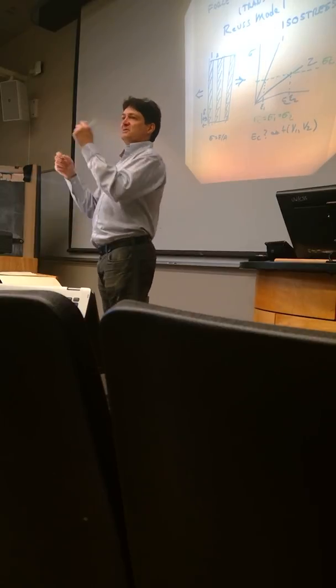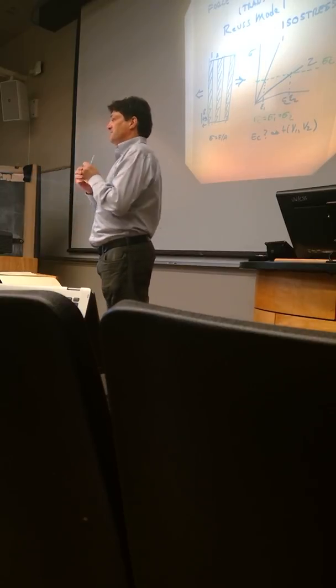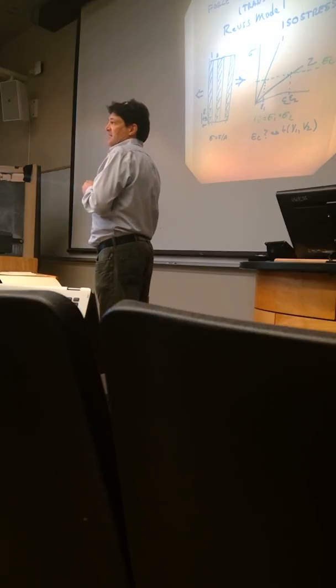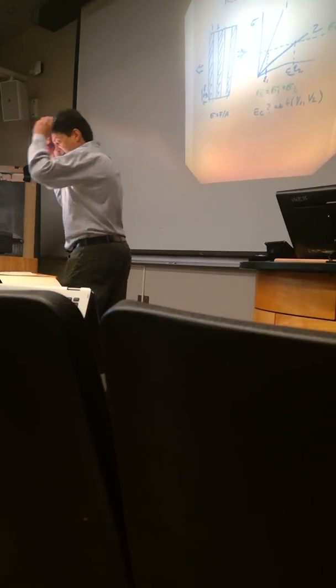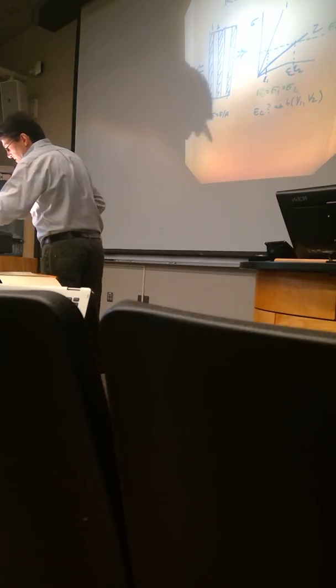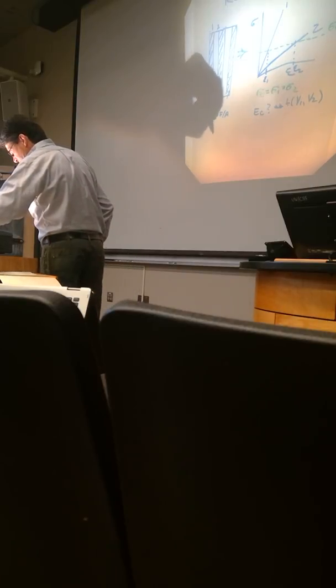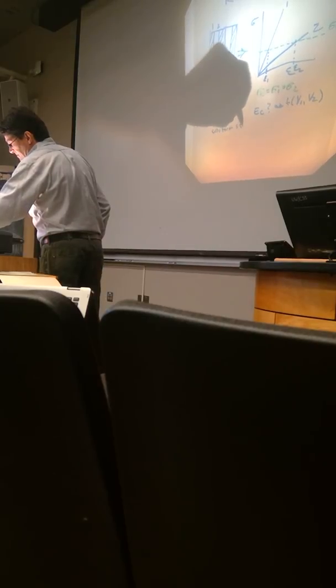How much of each material do I need to use to get stiffness in this direction? That'd be an example of how you might use this. Okay, so we know we have uniform stress.